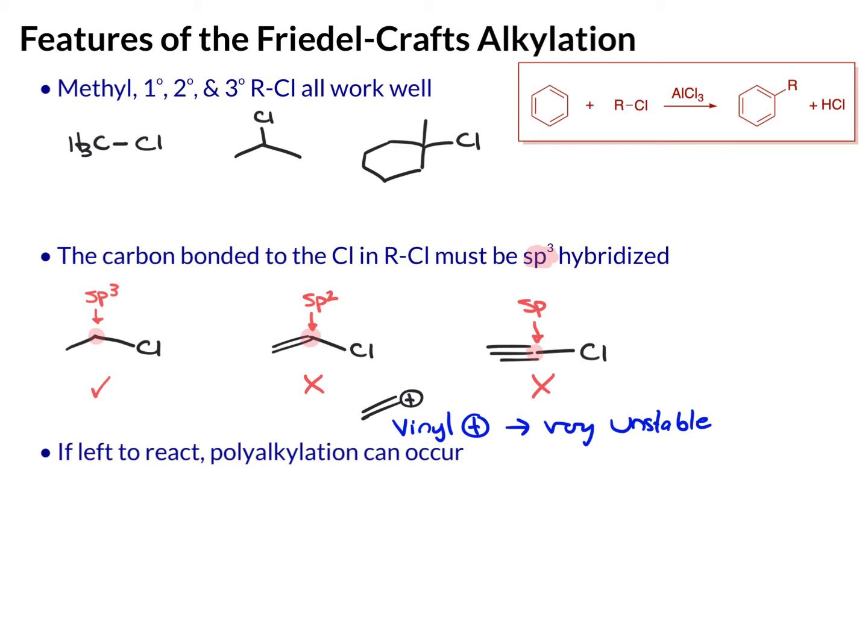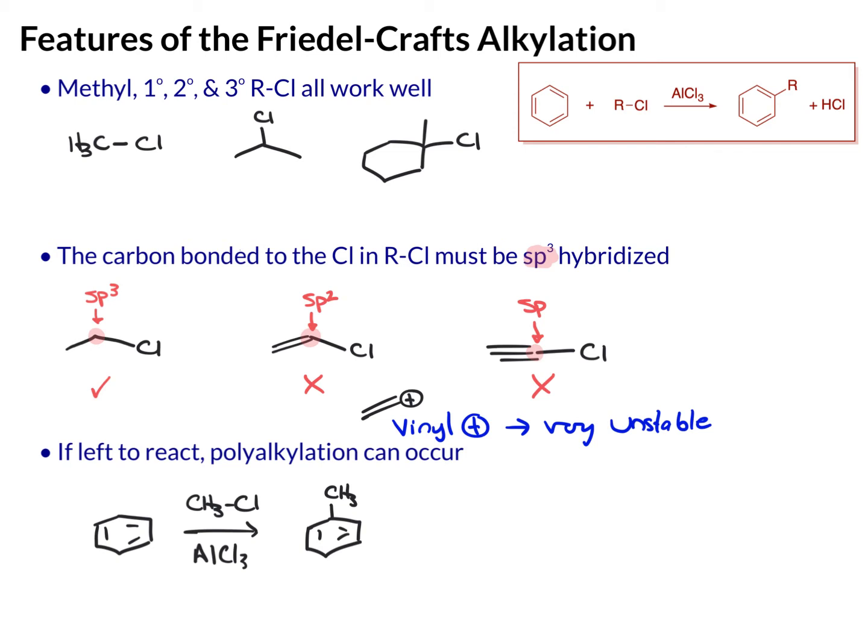The third thing can be a good thing or a bad thing depending on what you want, but if you leave this reaction to react, polyalkylation can occur. Now we have ways to monitor reactions, but if you were to take benzene and react it with methyl chloride and AlCl3, we're going to do the Friedel-Crafts alkylation and put the methyl group on the ring. If you monitor the reaction closely, you could stop and isolate this product.